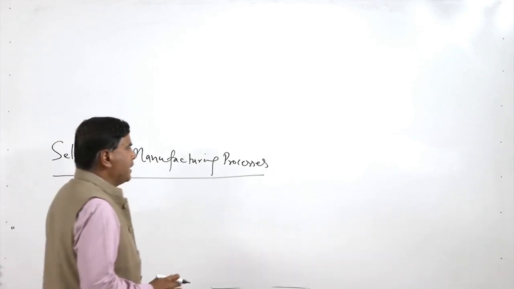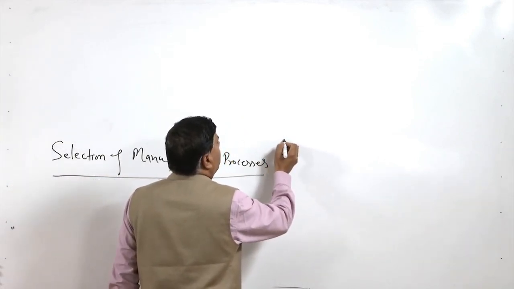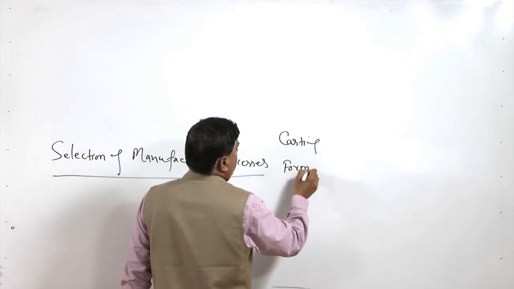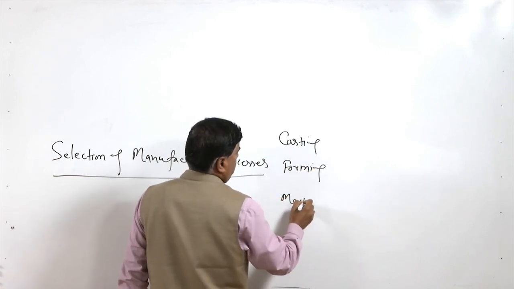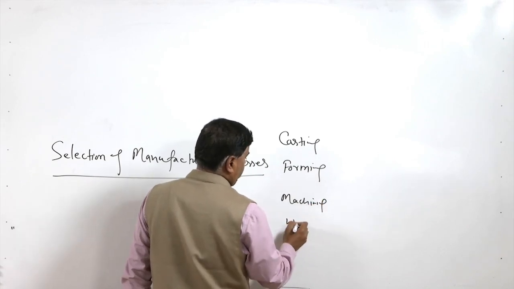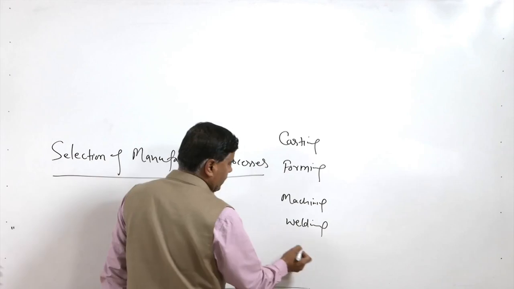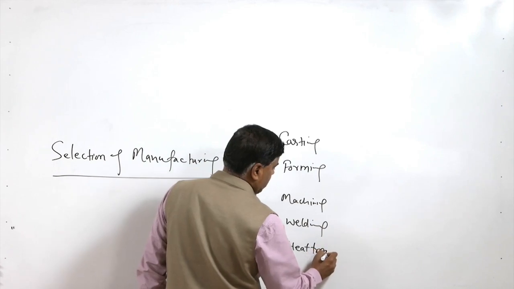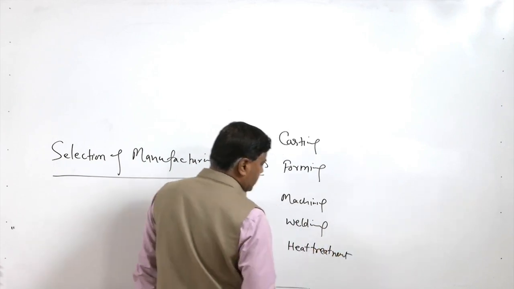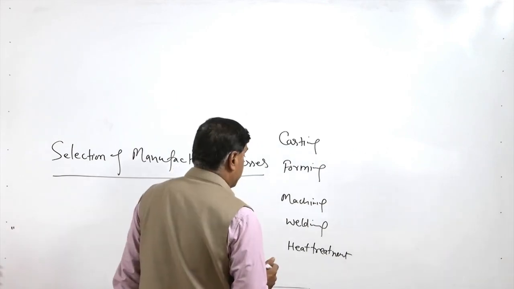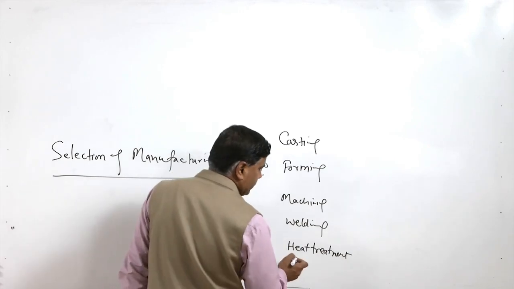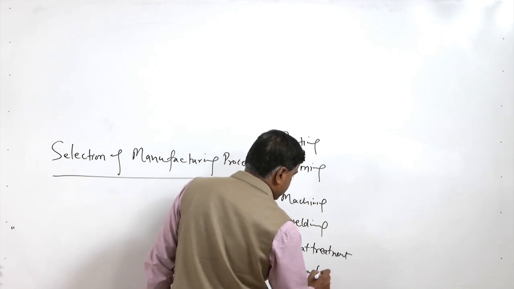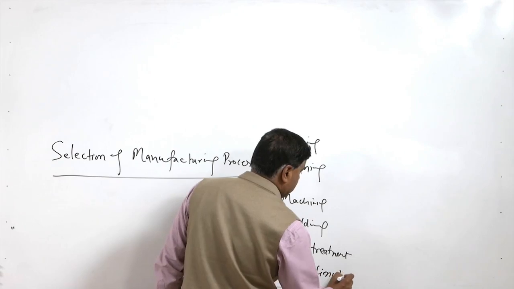We have seen that there is a wide variety of processes like casting, forming, machining, welding, and then the property enhancing processes like heat treatment for bulk material and coatings etc. for surface property enhancement, and then super finishing processes.